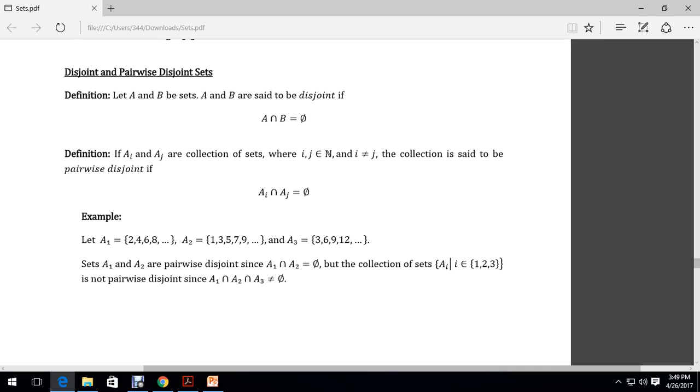The only intersection between pairwise disjoint sets would be an empty set, or a null set.